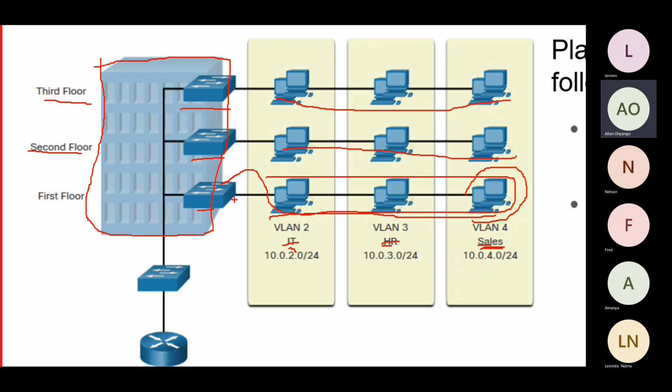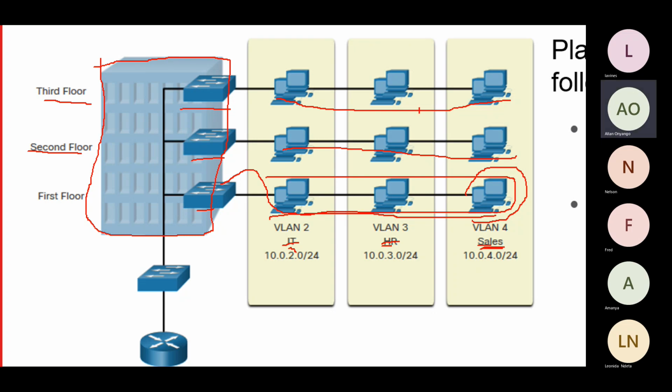The switch is not going to broadcast that message to all the computers connected to it. Why is it so? It is because the switch is no longer having only one VLAN. The switch is now having multiple VLANs.